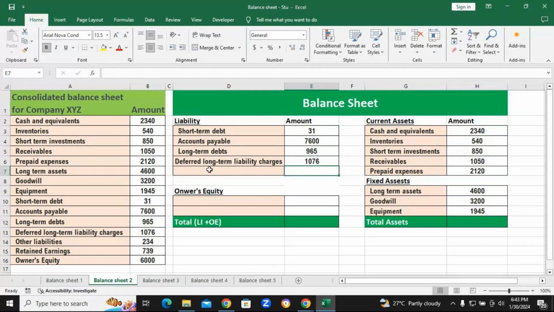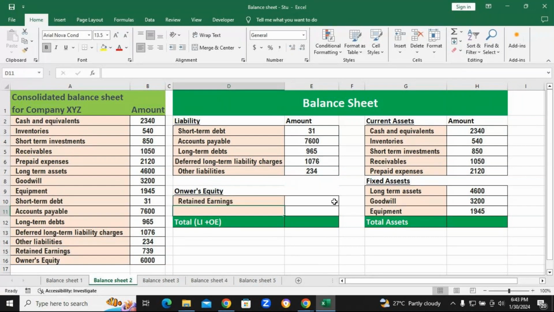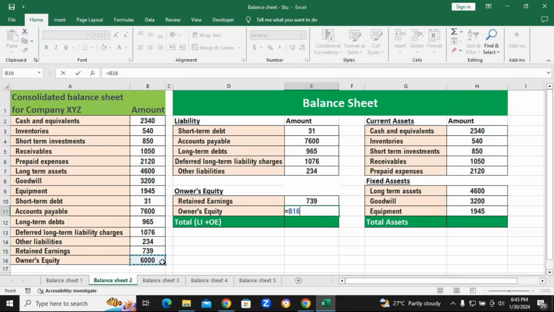Then other liabilities. Then we have retained earnings. Then owner's equity. So I just need to make the sum total. And here also all equals.